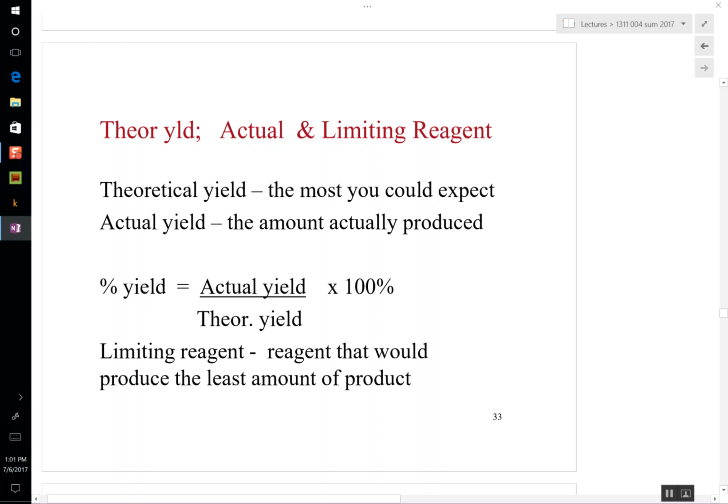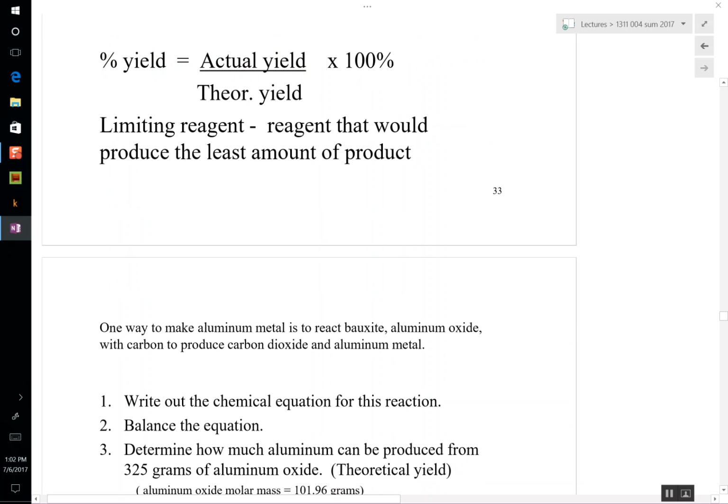So your limiting reagent determines what your theoretical yield is going to be. Okay? This is in excess. You've got plenty of air. Your limiting reagent limits the product that will be formed. This is why we're calling it the limiting reagent or limiting reactant. Okay, now let's see if I can find a good one.